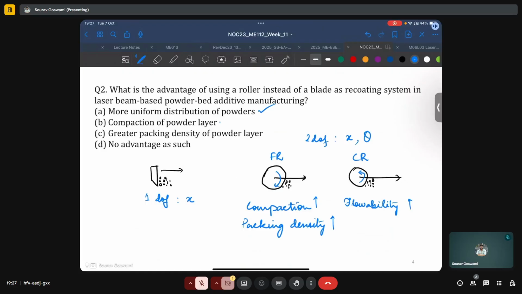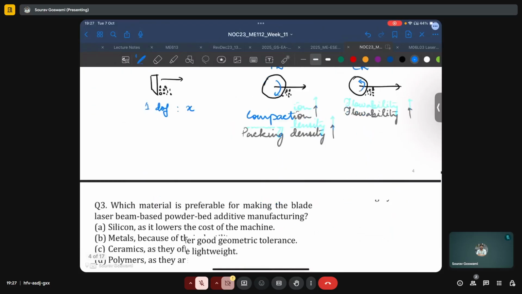And so it does result in better compaction of powder layers and greater packing density of the powder bed. Of course, it has advantages, and so here we have A, B, and C as the correct options.